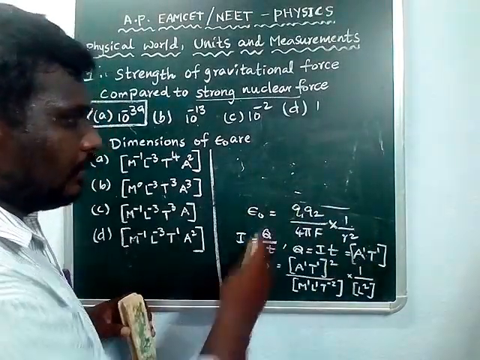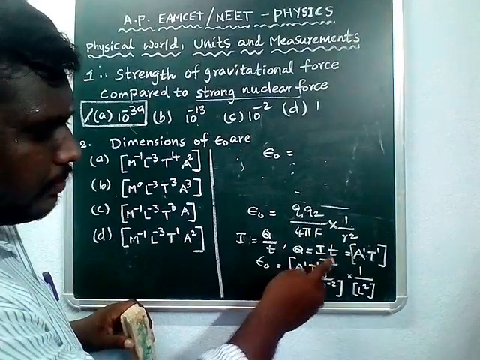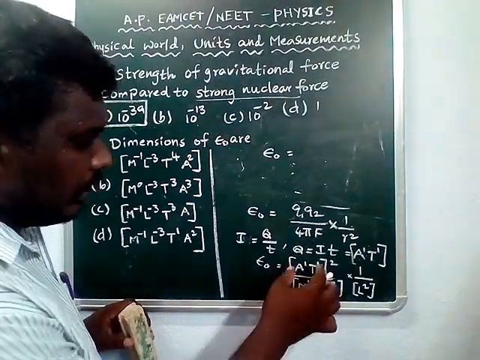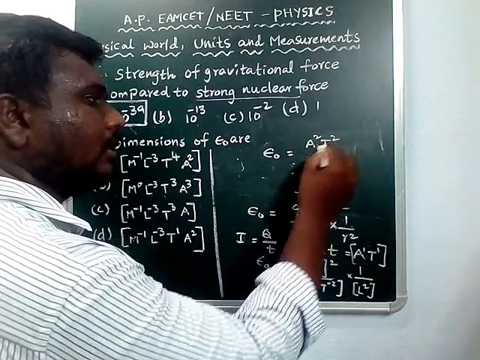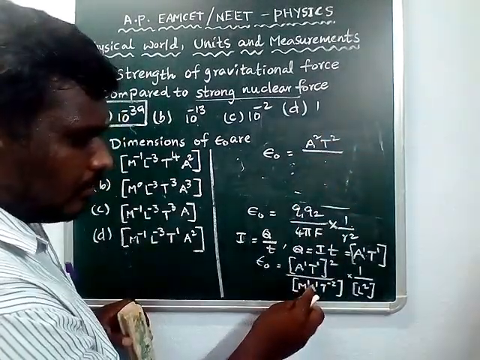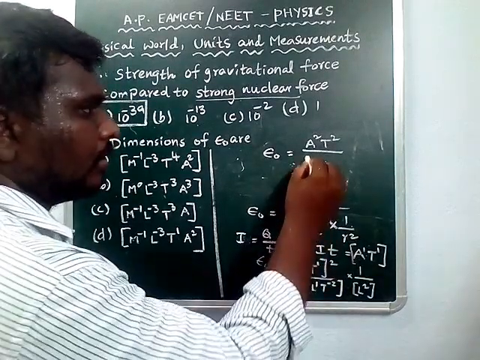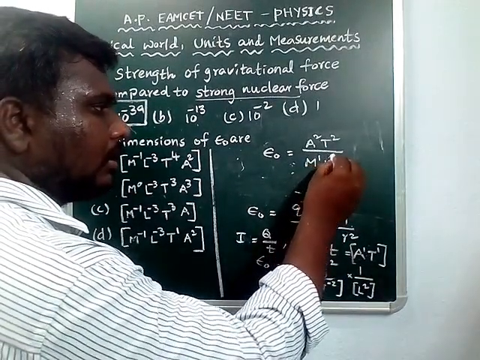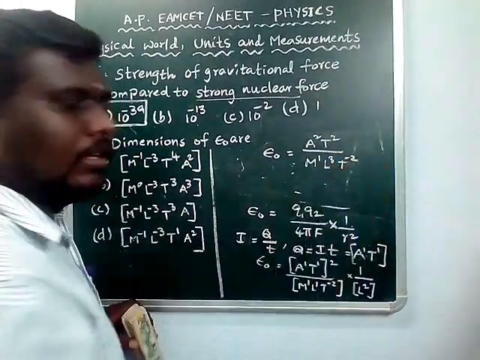So the dimension formula of epsilon naught is equal to A power 1 T power 1 whole square. If you write A power 1 T power 1 whole square, it is equal to A square T square by M power 1 L power 1 T power minus 2, here L square, L power 1, L cube. So M power 1 L cube, T power minus 2, T power minus 2.